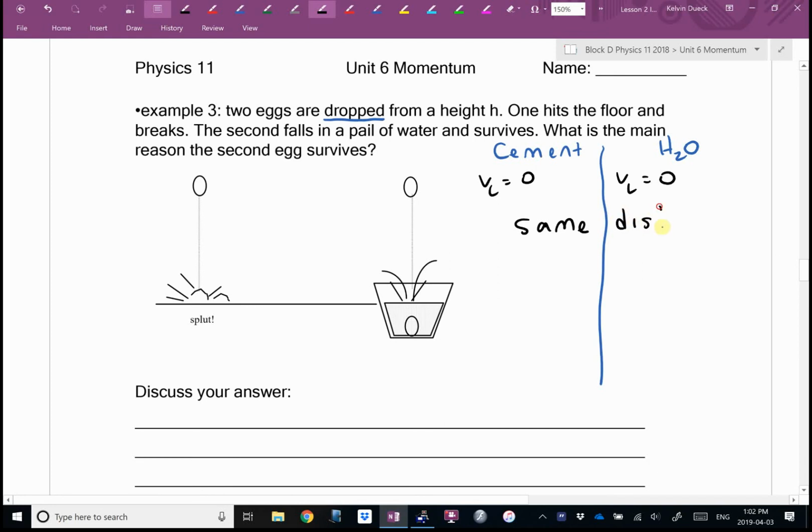Same distance. So when they reach the end of their destination, I'm not going to say when they hit the ground because one of them's not hitting the ground. When they reach the bottom of their destination, what can you tell me about both of their final velocities? They are also the same, gotta be, yes? Okay, so let's make a little note. Same VF. And same mass, because it says identical eggs. We'll assume they're identical.